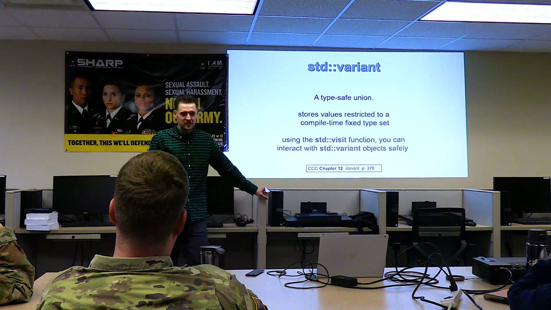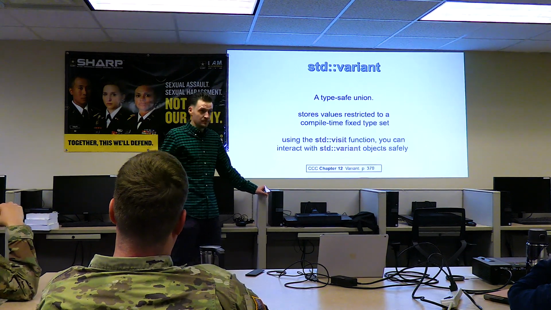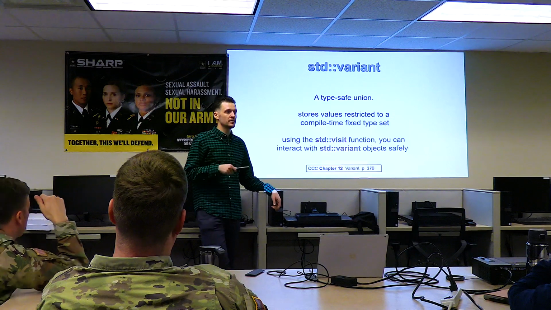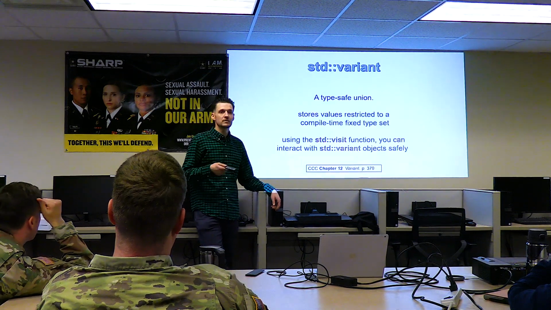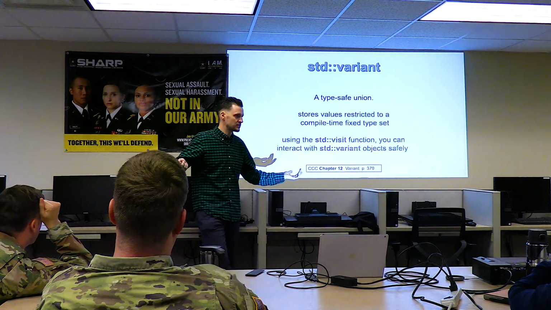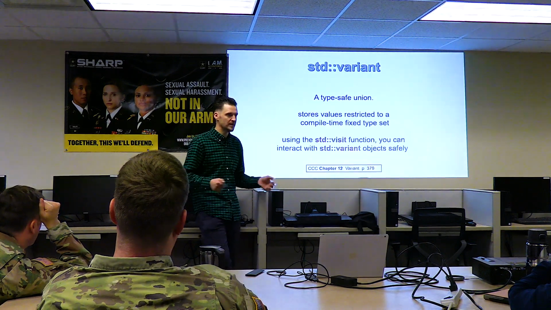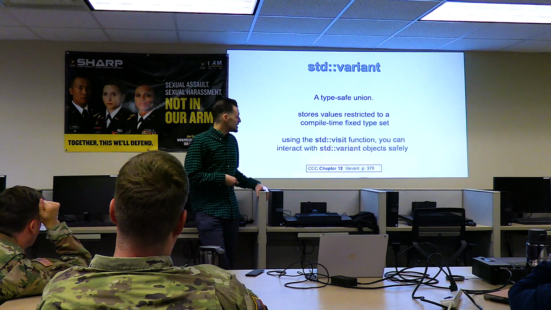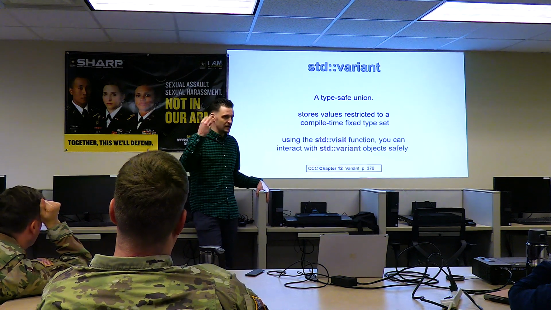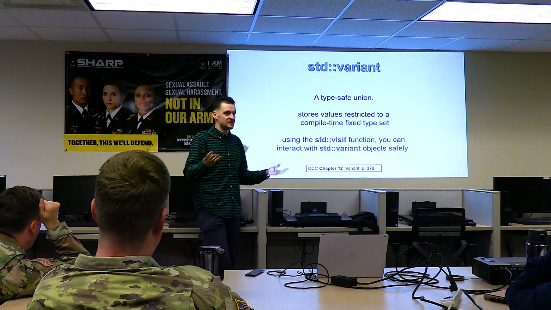So basically, it's a templated type. You tell the variant what the realm of the possible is: what are all of the types that you might be at some point, right? And it stores these at compile time, or knows this information at compile time.